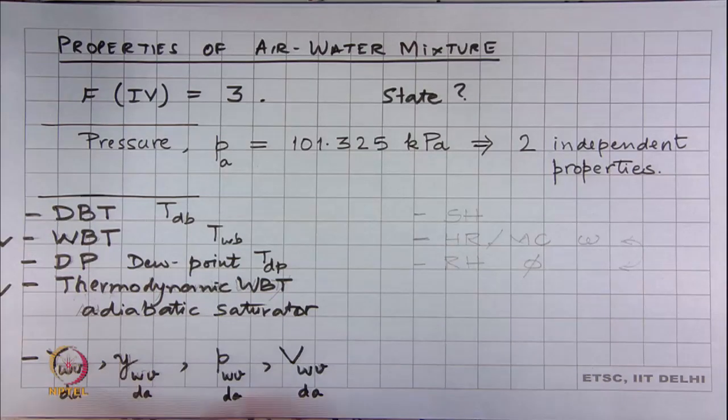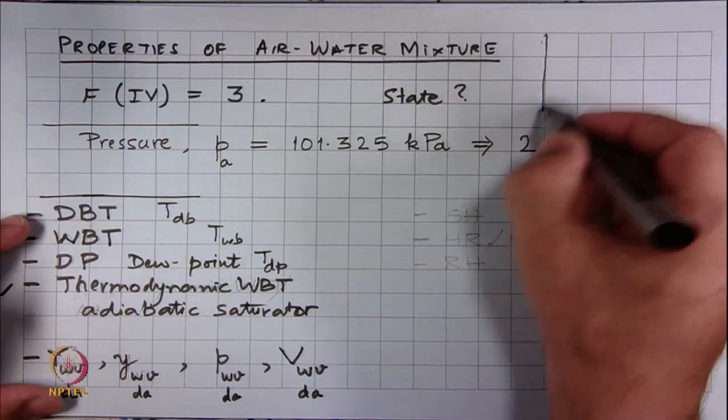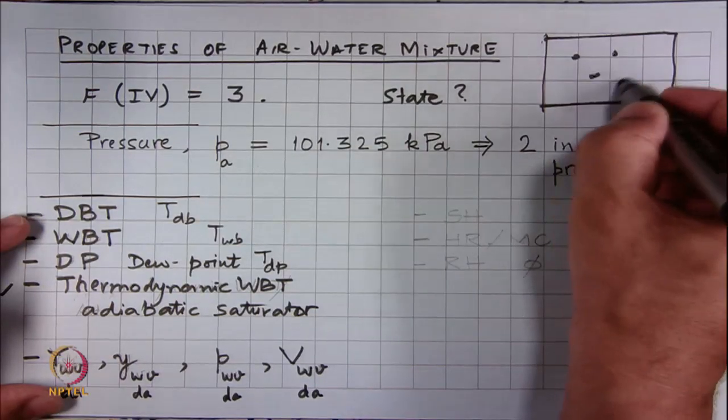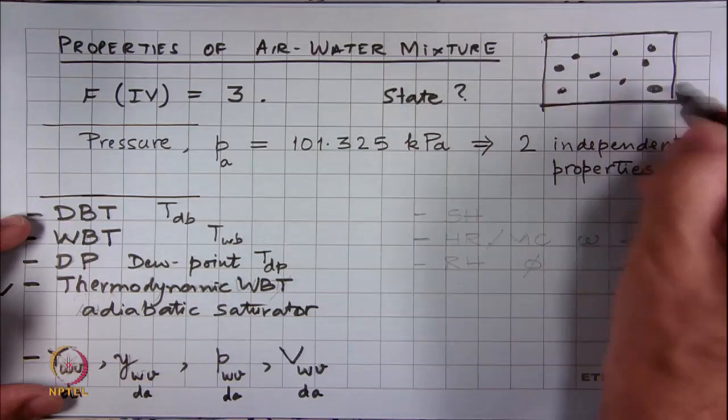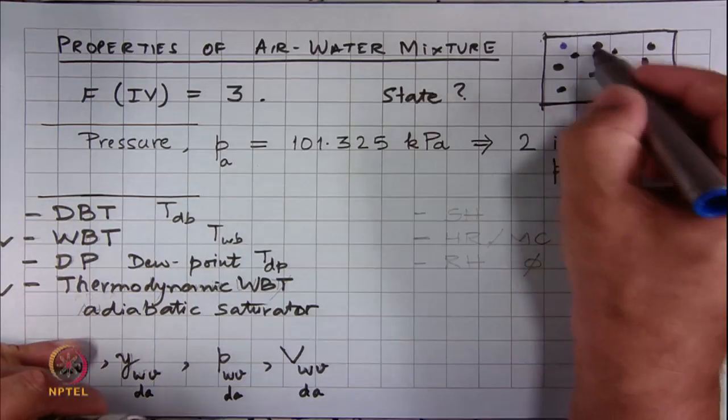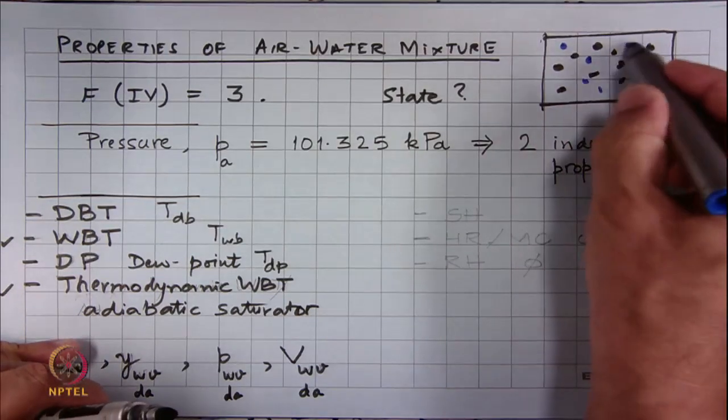So, again we have many more options coming up here, and they are all describing the same system we are looking at, which is a system in which there are air molecules, and then there is water.